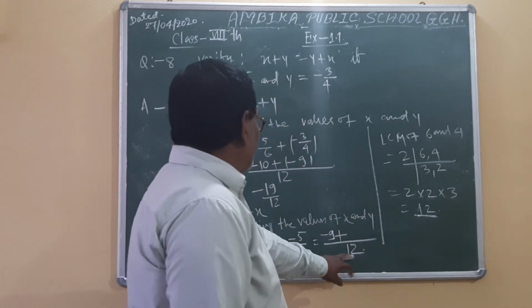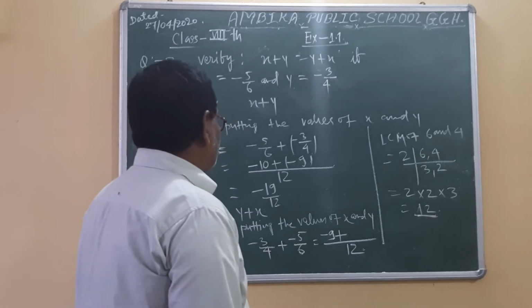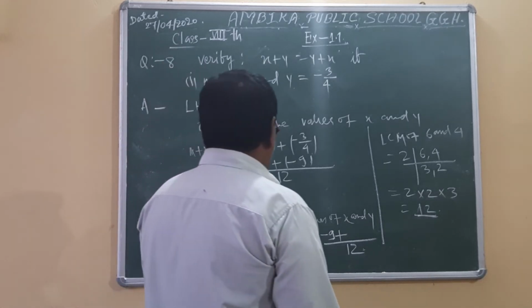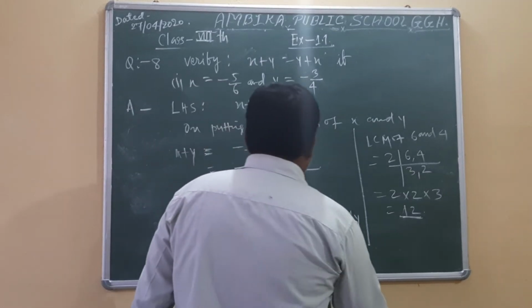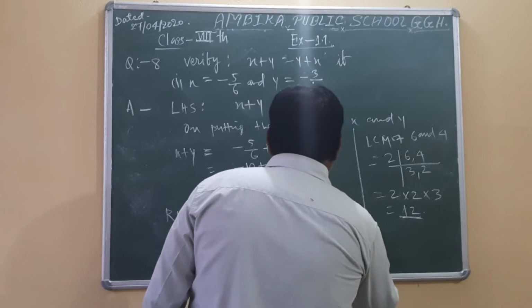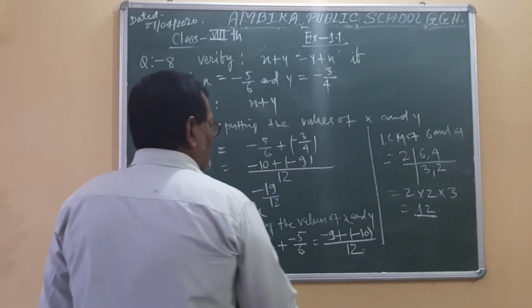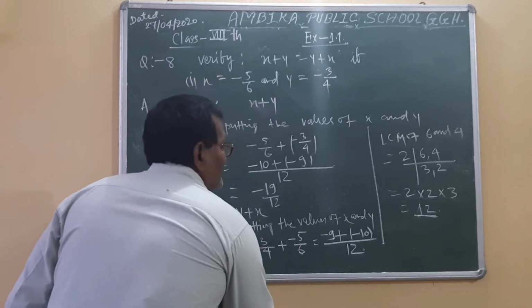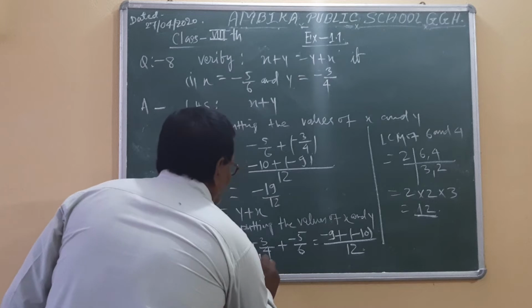Again dividing 12 by 6, we get 2 as quotient. Then multiply minus 5 to 2. We write minus 10. After adding, we get minus 19 by 12.